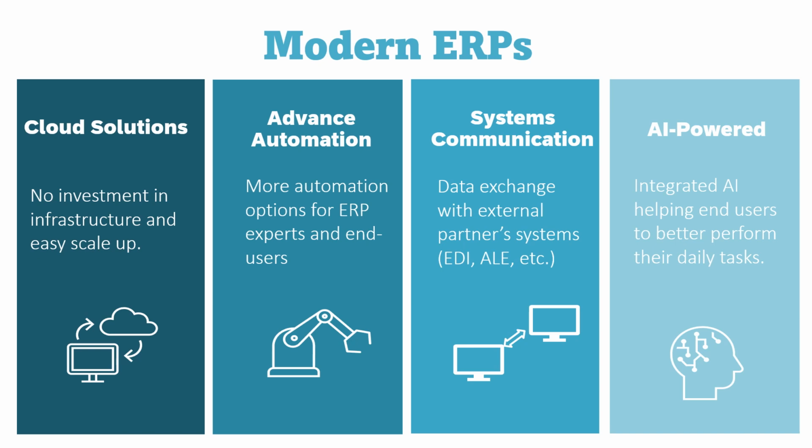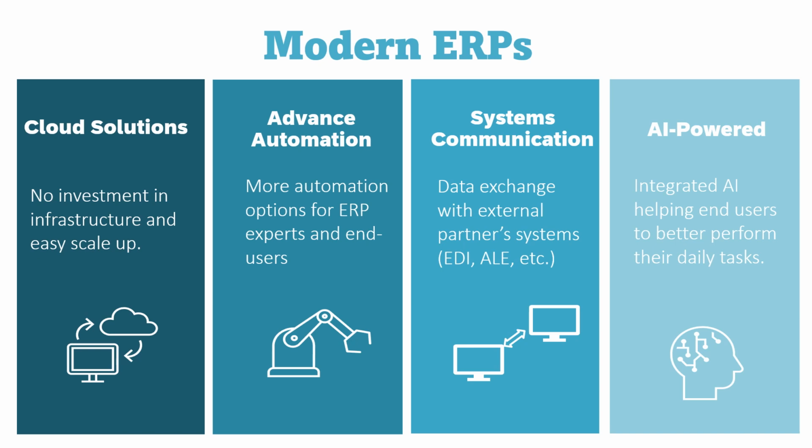Over the last couple of decades, ERP systems have undergone significant evolution, and modern ERPs now come with specific requirements. Notably, they now often come with cloud solutions, eliminating the need for customers to invest in hardware and infrastructure for system maintenance. This not only reduces cost but also facilitates easy scalability.